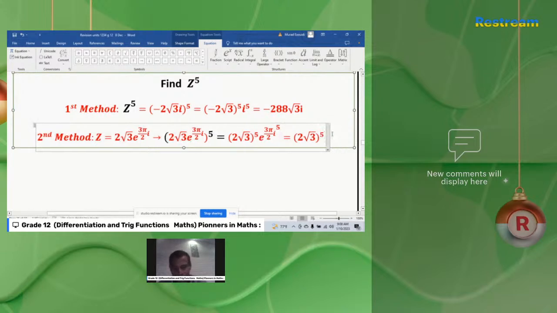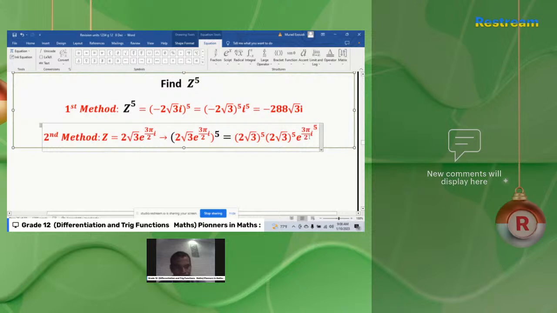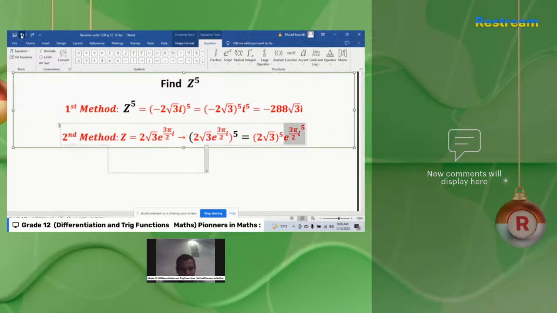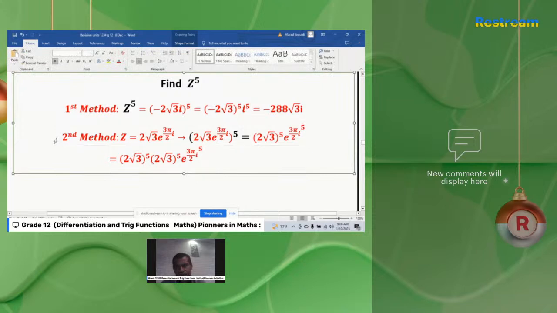I will just raise this one. I will make exponential. Again, I will go back. Oh, I don't have space. Let me see. Yes. Okay. This one equal what? I will write this in the front.